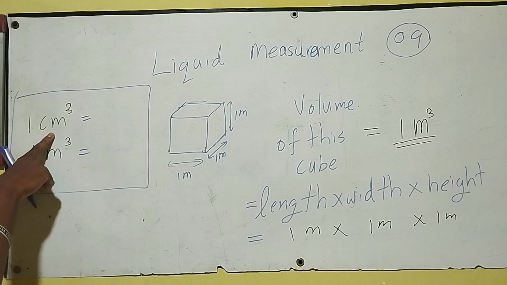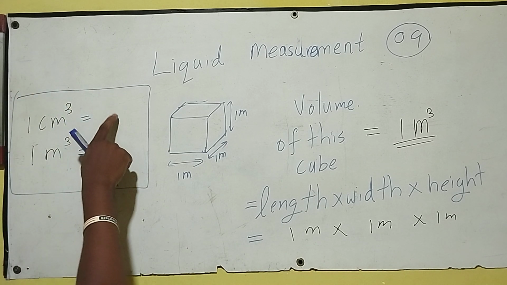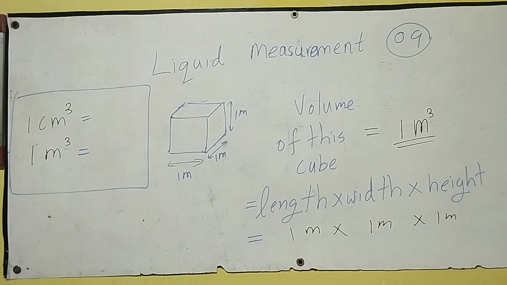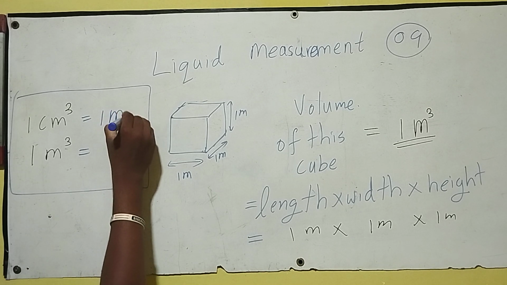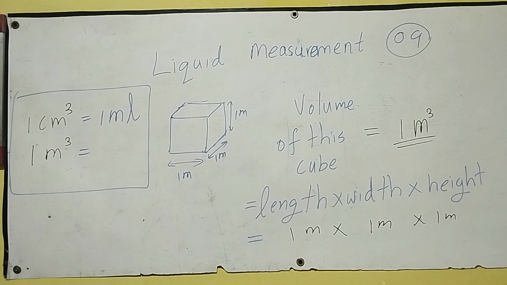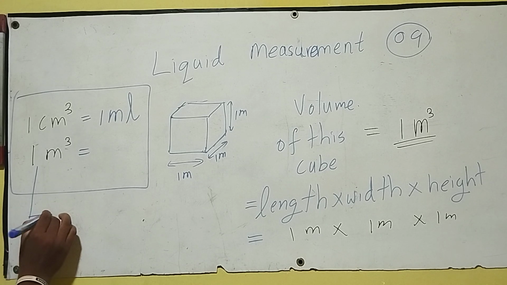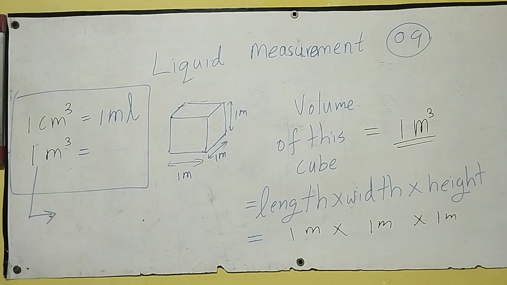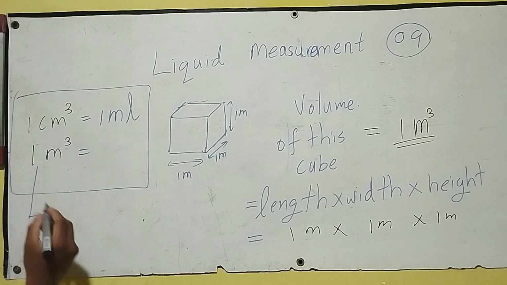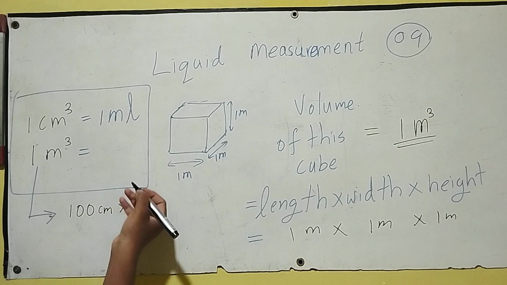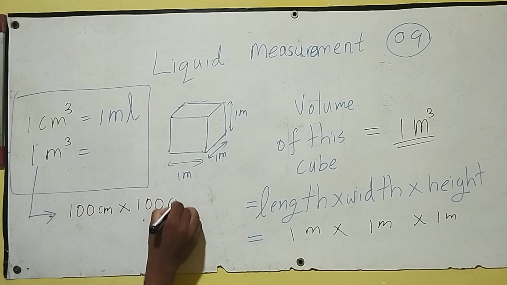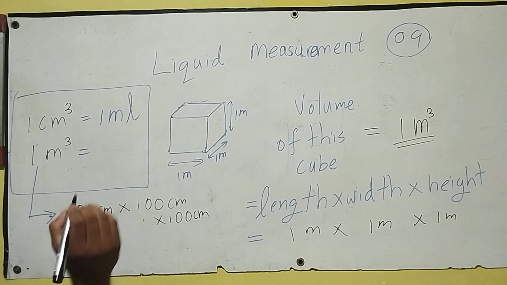1 cubic centimeter is equal to, what is the value? 1 milliliter. 1 milliliter. How do we find this? 1 cubic meter equals 100 centimeter multiplied by 100 centimeter multiplied by 100 centimeter.